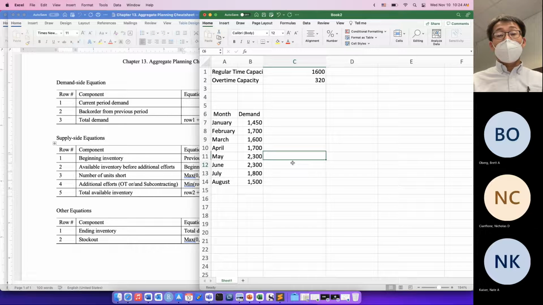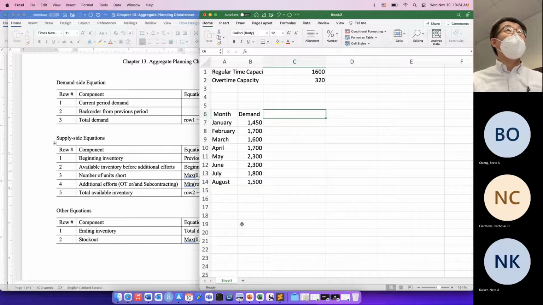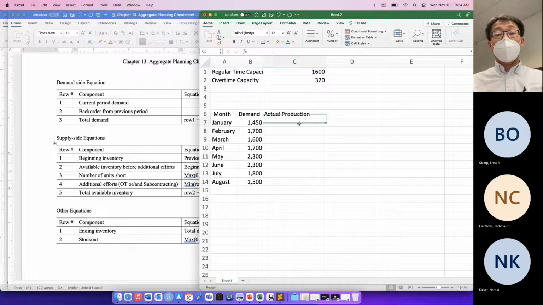So with that in mind, let's take a look at this part. Actual production will be what? 1600, okay?